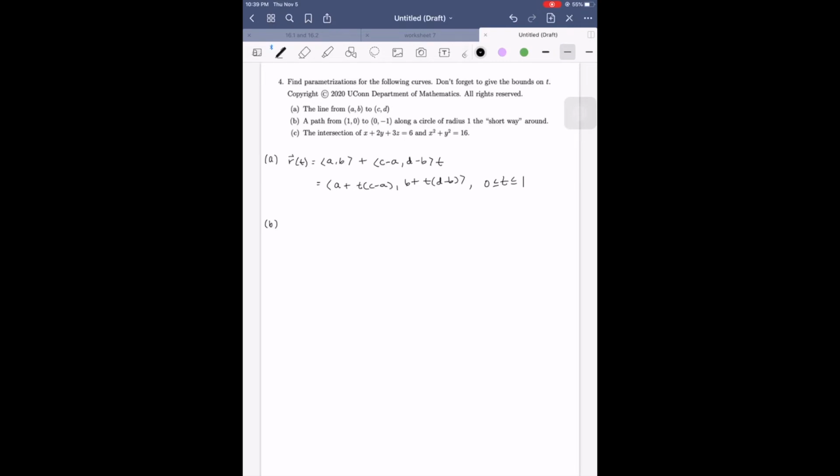B asks for a path from (1, 0) to (0, negative 1) along a circle of radius 1, the short way around. To parameterize circles, we use cosine and sine.